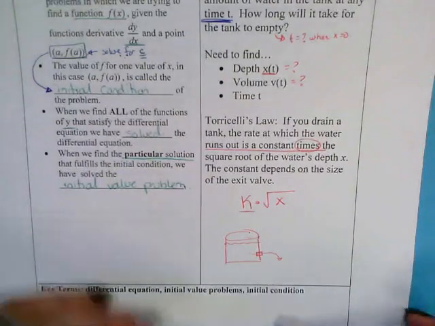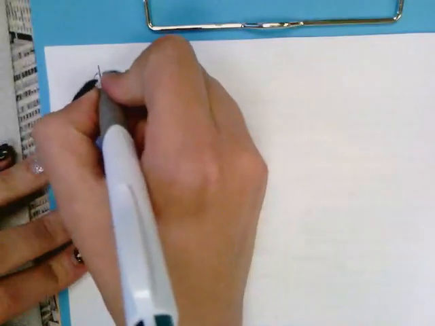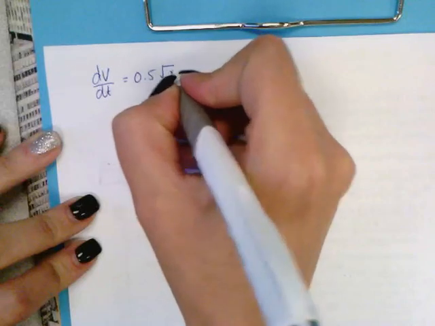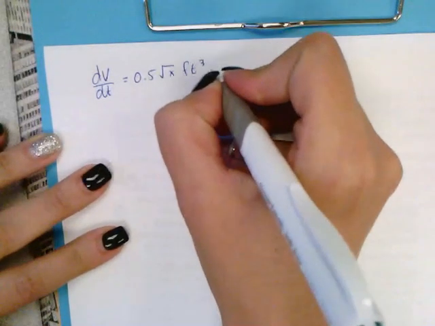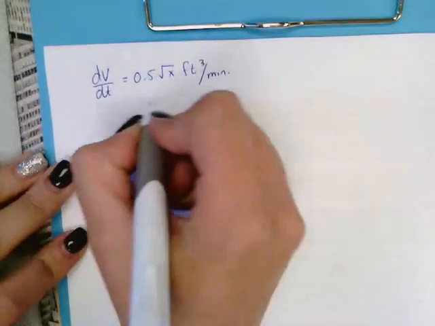Now this problem is kind of long, so I'm going to start it off, and we'll see how far we can get. If you remember, they gave us dV/dt, which is 0.5 square root of x feet cubed per minute. They also gave us our height.